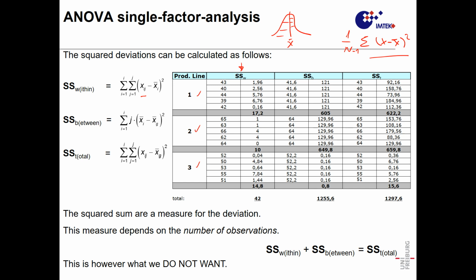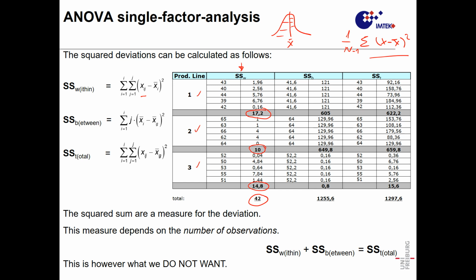So if you subtract 41.6 from 43, you make it square, you get it here. And then if you sum it all together, this is your value for the first production line. Then you will have the same for the second production line and the third. Then you sum it together, and this is your sum of square within, 42.